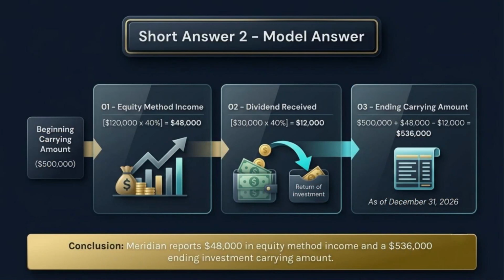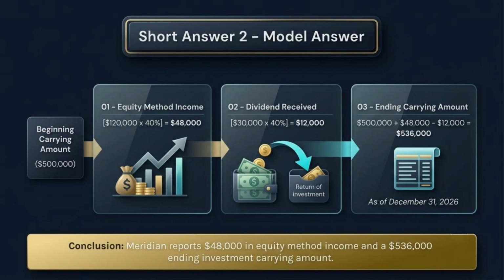The model answer is straightforward. Equity method income equals $120,000 times 40%, which is $48,000. Dividend received equals $30,000 times 40%, which is $12,000. The ending carrying amount is $500,000 plus $48,000 minus $12,000, which equals $536,000.